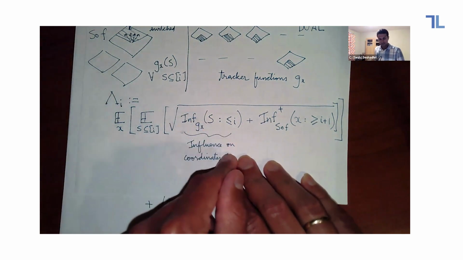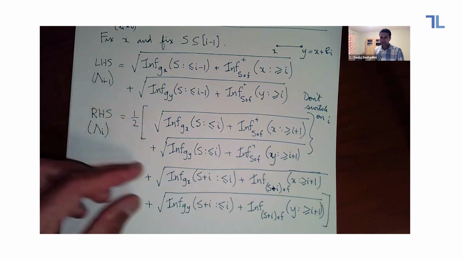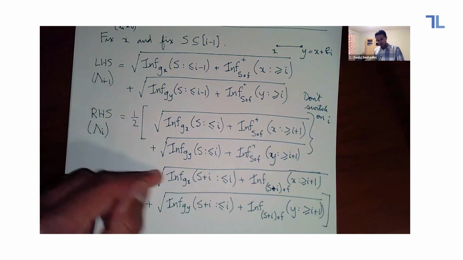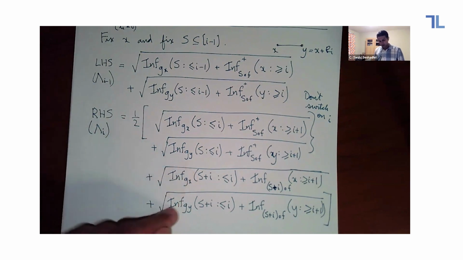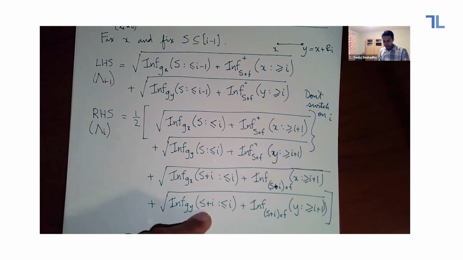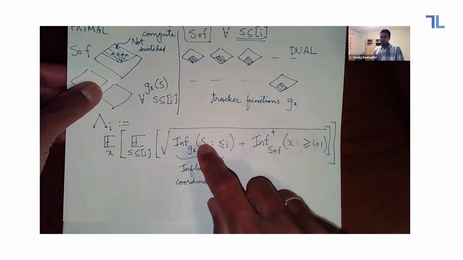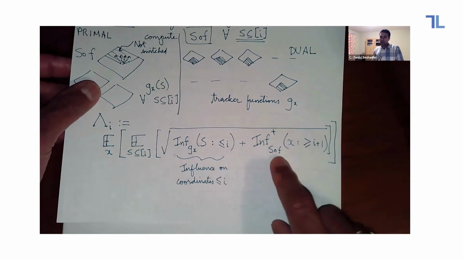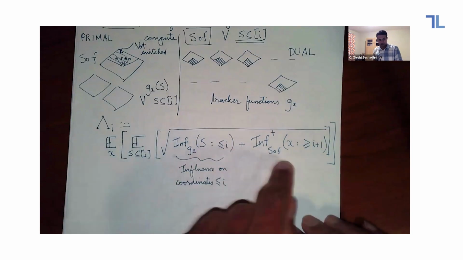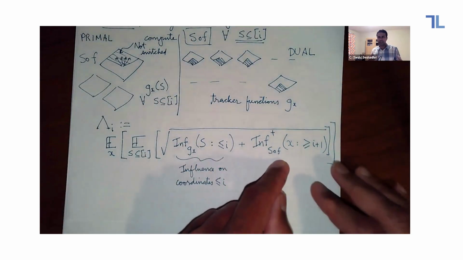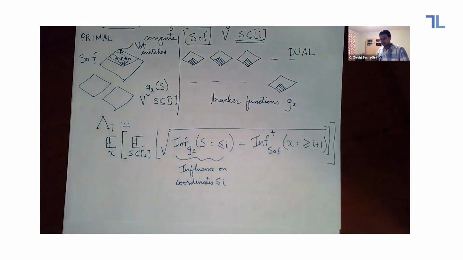That's what these are. Don't switch on i. Then I get a term for x, switch on the ith coordinate, y, switch on the ith coordinate. And when I switch on the ith coordinate, I have to consider it both here and here, right? Because it's like this primal dual. Either I'm looking at the domain or I'm looking at the indexing of the function. So this is almost just a syntactic plugging in, but that's the intuition.